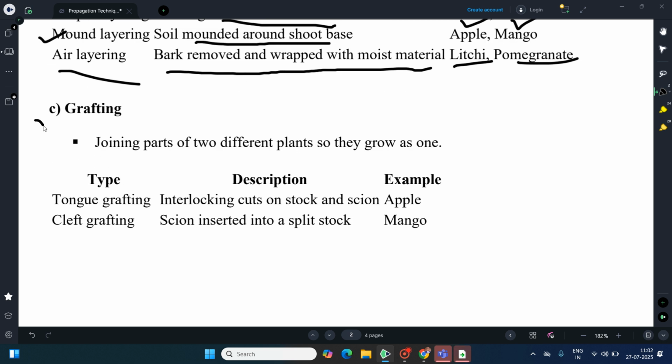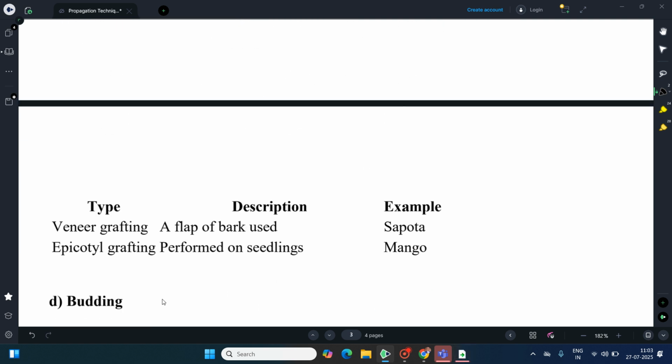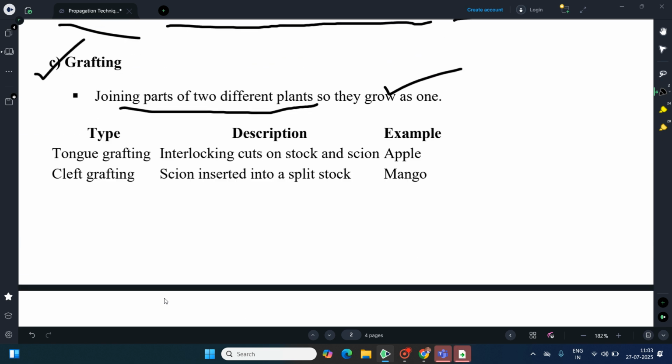The third method is grafting, joining parts of two different plants so that they can grow as one plant. And there are four types of grafting. The first one is trunk grafting, interlocking of cuts on stock and scion. The example is apple.